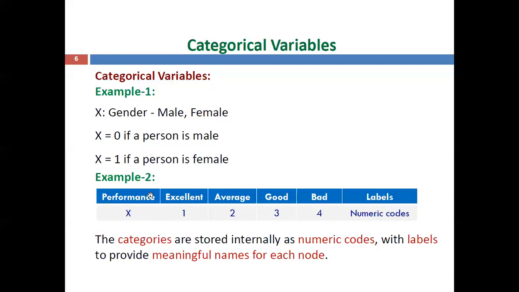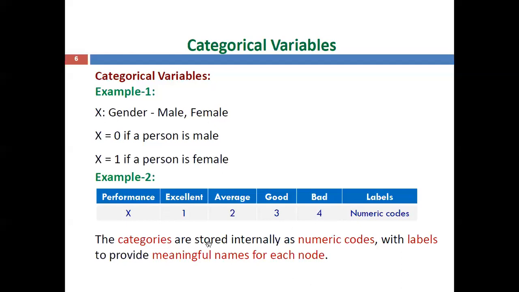Now see the quantitative variables denoted by the qualitative names. That means the qualitative names here are excellent, average, good, bad. Then the equivalent quantitative values are the numbers 1, 2, 3, 4 like that.